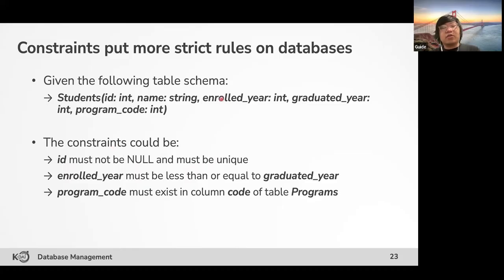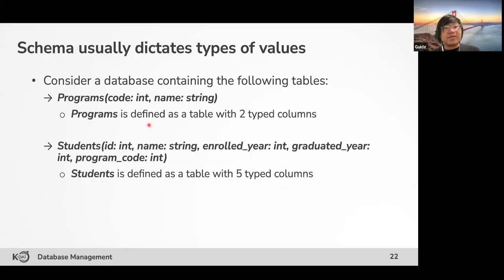Also, you have enroll year and graduate year. It would be weird if enroll year were greater than graduate year. So one of the constraints could be that enroll year must be less than or equal to graduate year. Also, for the program code, we have two tables, and we defined the table programs to keep all the programs with their codes.